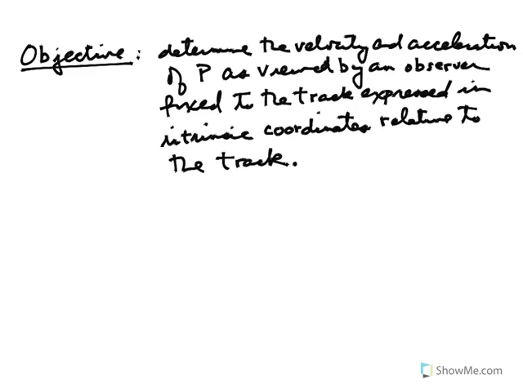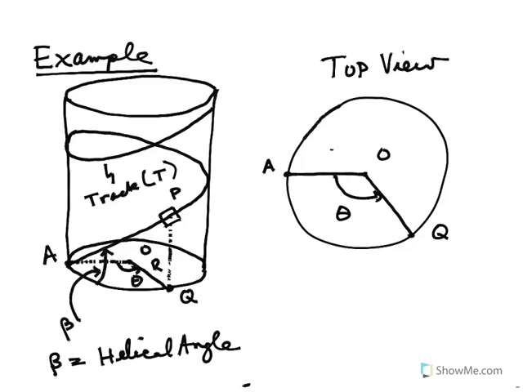Remember that when you use intrinsic coordinates, you first have to express the position in terms of another coordinate system, which is an extrinsic coordinate system, such as Cartesian, cylindrical, or spherical. In this case, the position is naturally expressed in cylindrical coordinates, so we're going to use cylindrical coordinates to do the parameterization at the beginning, and then we'll transform everything into intrinsic coordinates.